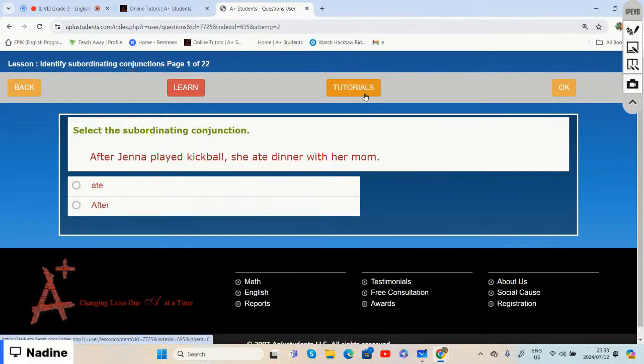We need to select the subordinating conjunction. It says, as Jenna played kickball, she ate dinner with her mom.